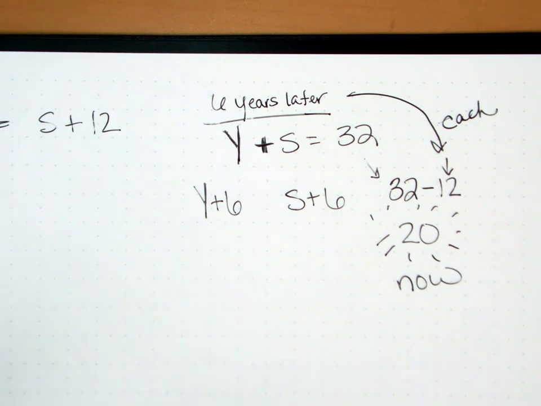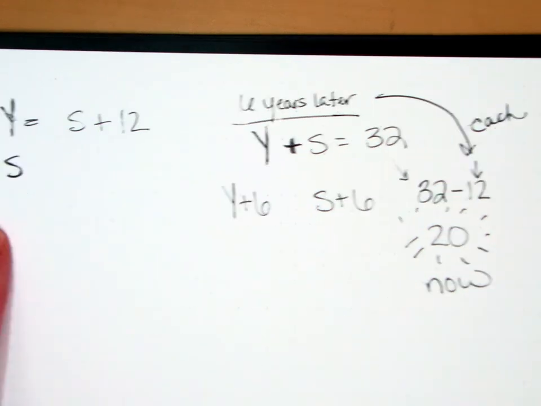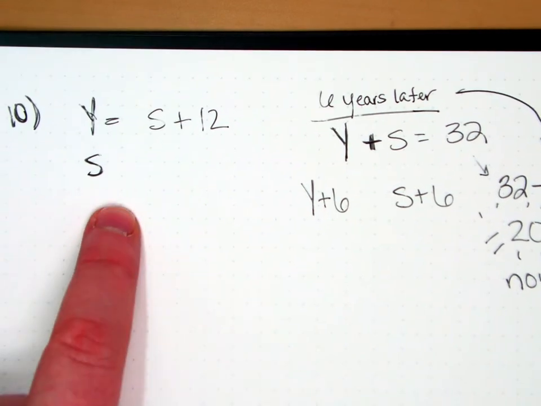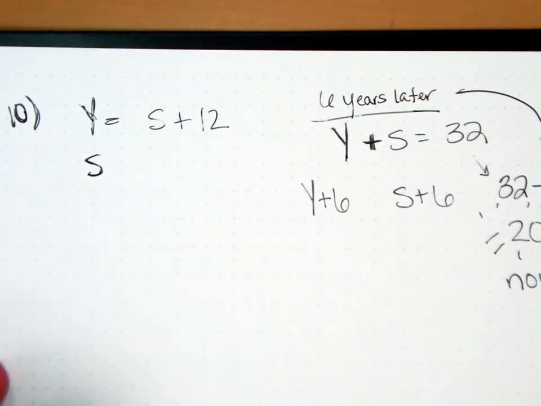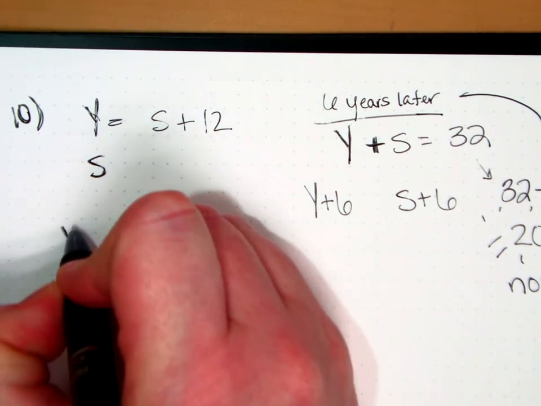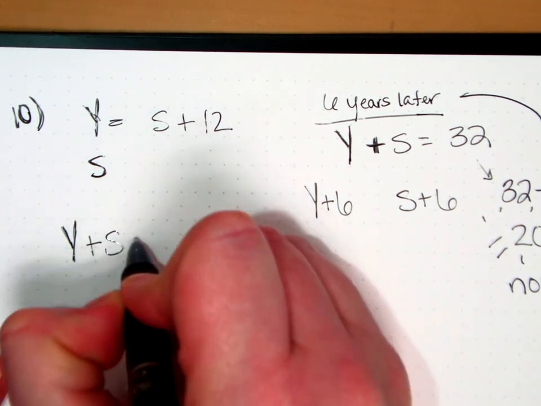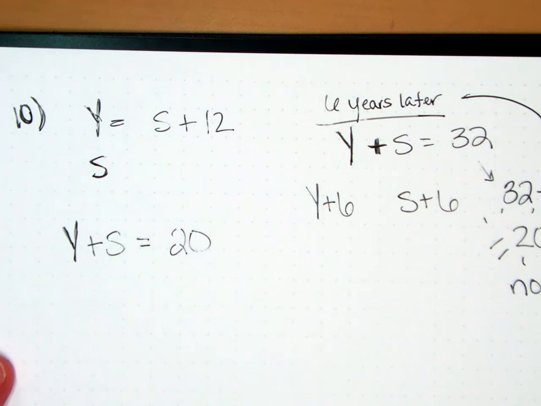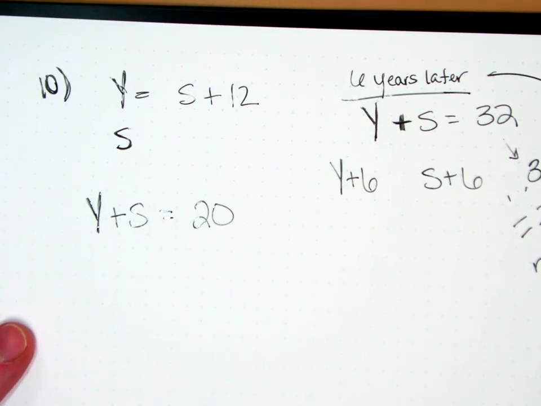So if you age 6 apiece and your sum is 32 six years later, if you take off 12 years, 6 for Yoshi, 6 for his sister, the sum of their ages right now is 20. So I can come back to this equation on the left and make it nicer. We know that Yoshi plus sister now have ages that add up to 20.